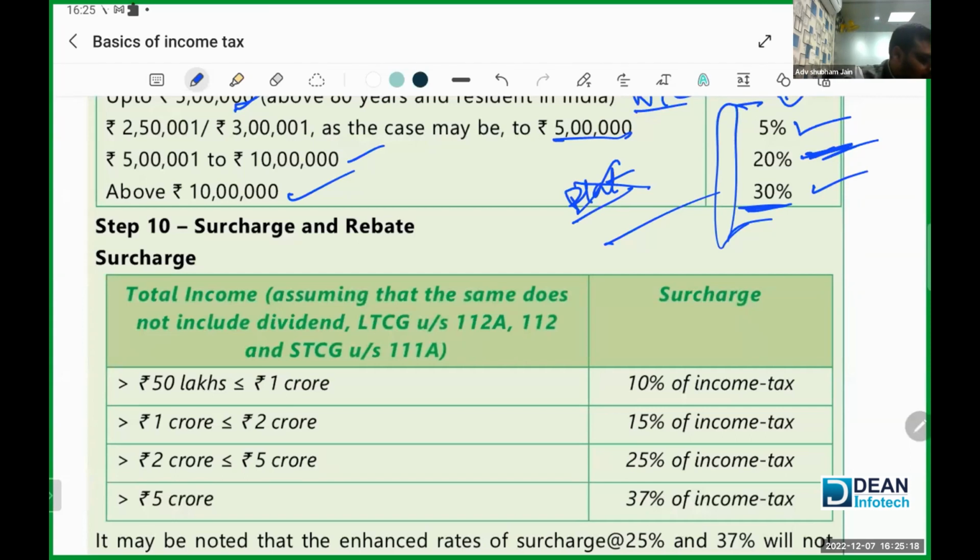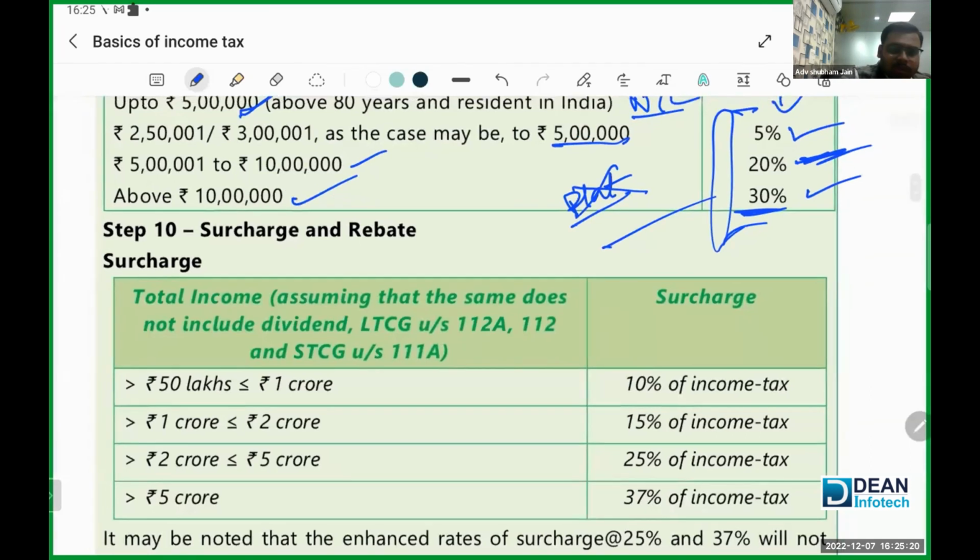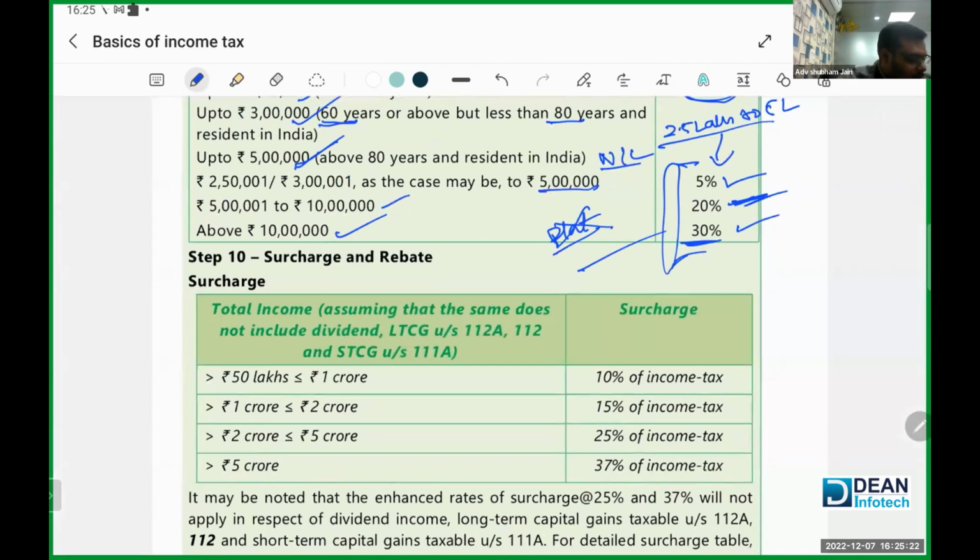Let us continue. After that, there are some surcharge provisions. People earning income of more than 50 lakhs up to 1 crore rupees pay an additional 10% surcharge on the income tax part. First of all, we will calculate the tax, and then we will calculate the surcharge on that particular tax, 10% of this tax.